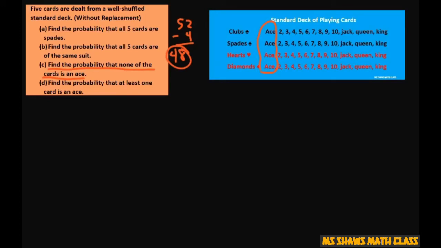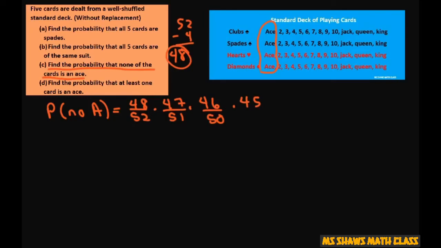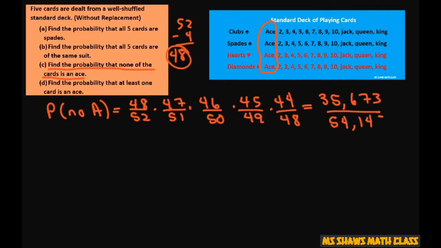So we're going to do probability of no ace equals 48 divided by 52 times 47 divided by 51 times 46 divided by 50 times 45 divided by 49 times 44 divided by 48, which equals 35,673 divided by 54,145.